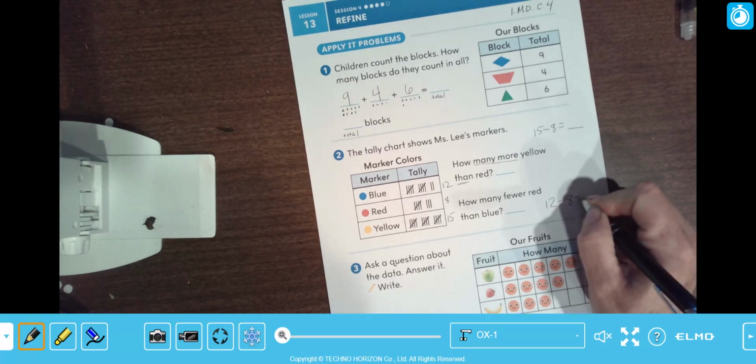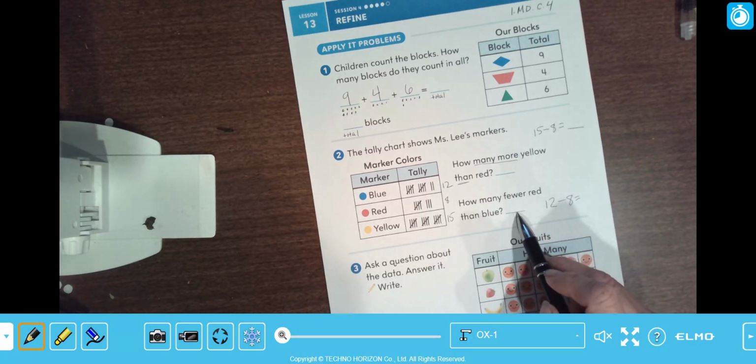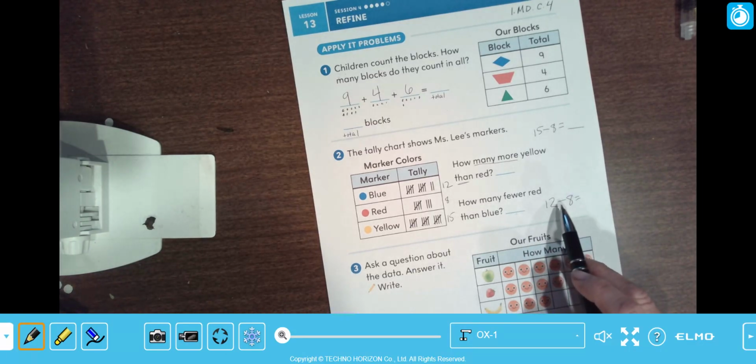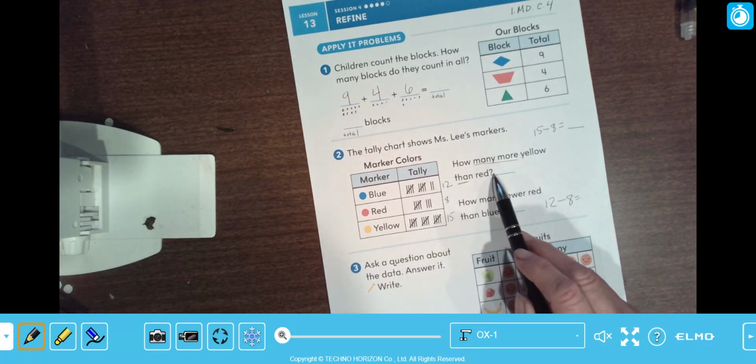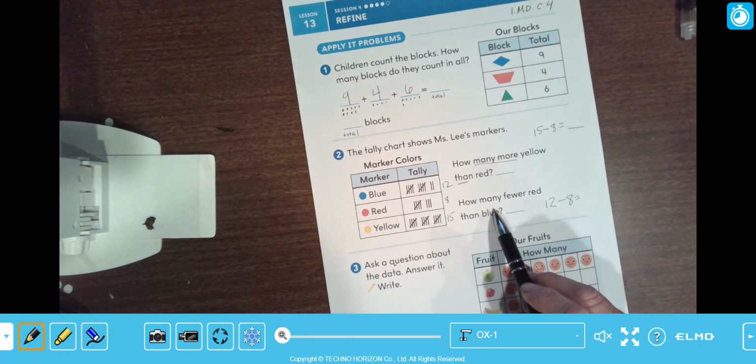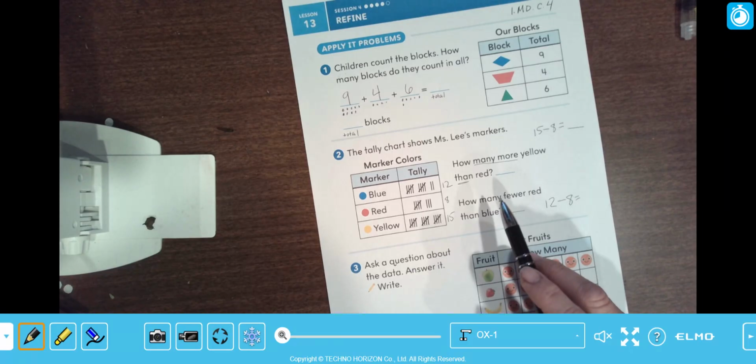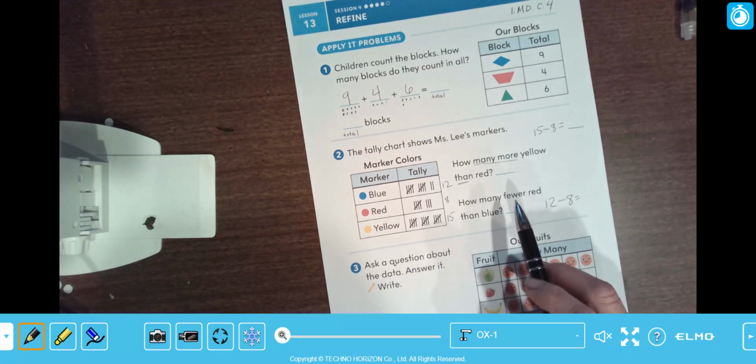Okay. And that's how you find this answer. Now, I'm not going to give you the answer. You're going to have to figure it out, lovies, okay? Whenever you're comparing two amounts, you have to subtract to find the difference. The difference between the two, okay? You have to subtract. And you always subtract with the big number first.